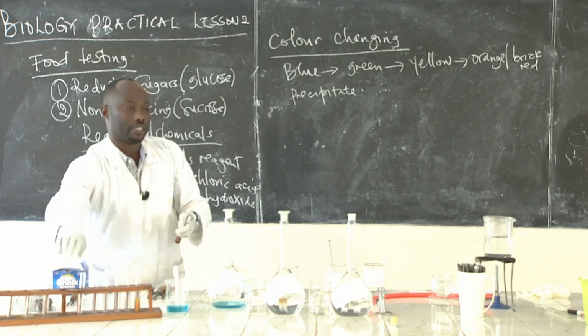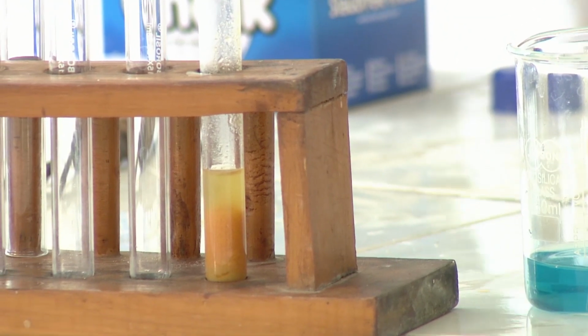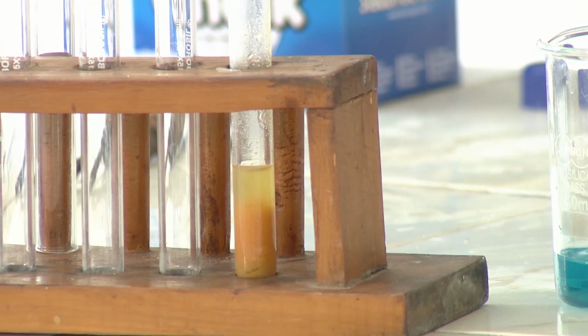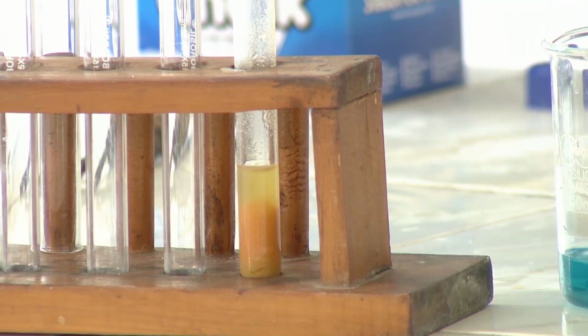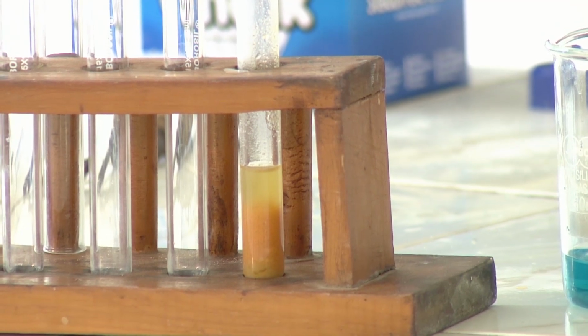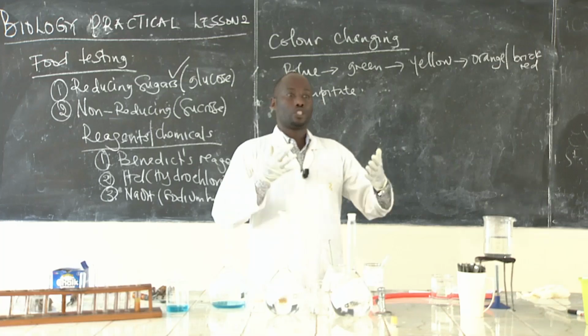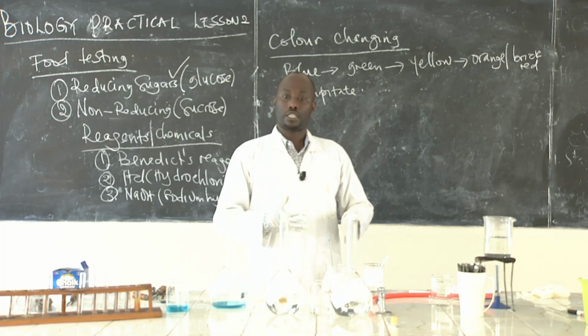The second practical: we are through with the reducing sugars. Let's talk about non-reducing sugars. For the non-reducing sugars, today we're going to use sucrose as a sample. We are going to be testing the presence of sucrose in our sample.